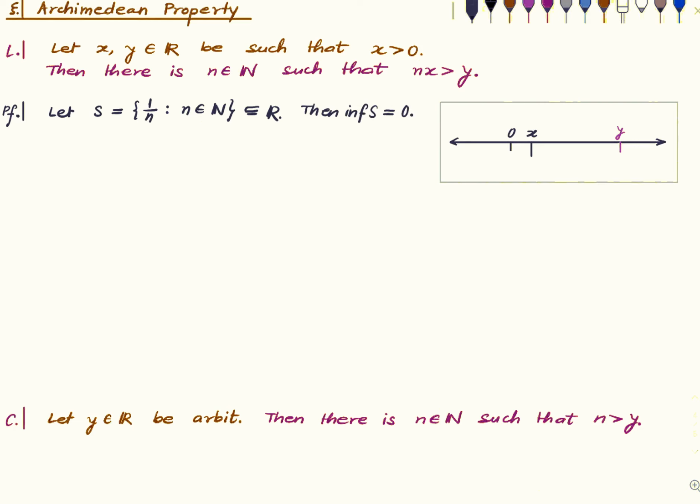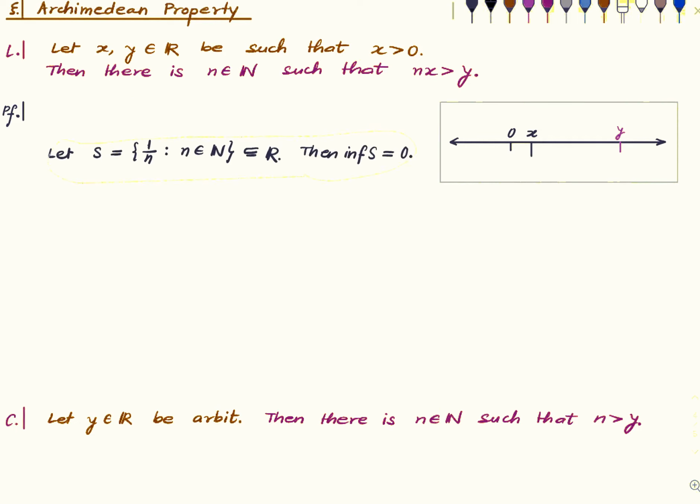Now, before I continue, if y were negative, then we were already done. Why is it clear? Because you can just take n equals 1. If y were negative, then of course a positive thing will be greater than a negative thing. So we may assume that y is positive or non-negative. In fact, I can just write less than or equal to 0 here. That is also fine. So assume y is positive.